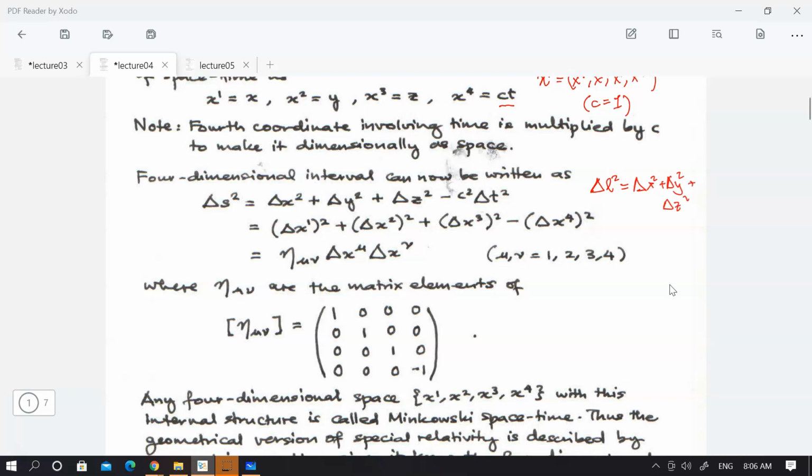So this is an extension by including your time coordinate. Just like the length squared in 3-dimensional space, now essentially the length squared in 4-dimensional space and time.